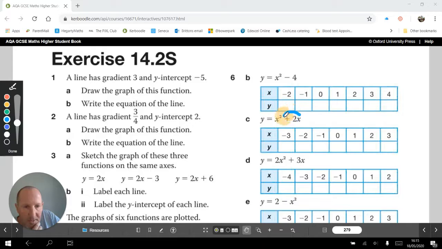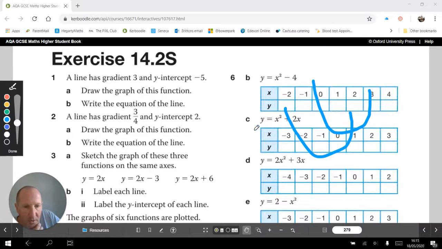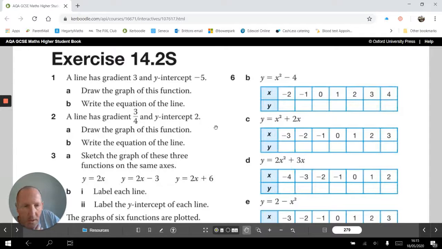The number of x's is what actually shifts the graph, whether you get a U shape here, or a U shape here, or a U shape here, that sort of thing. So you'll start seeing a relationship between the number of x's and where the line of symmetry of the graph is, and also the position of the graph on the axes, on the xy axes.